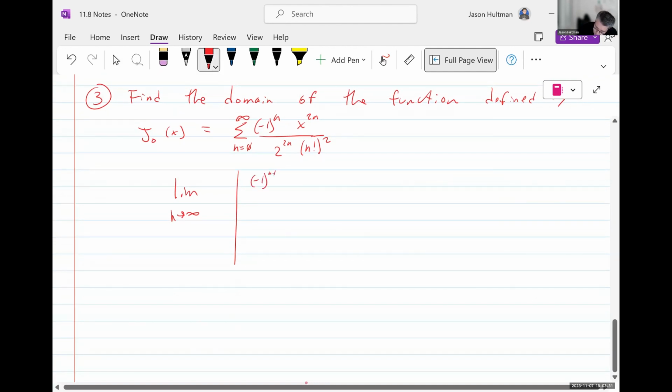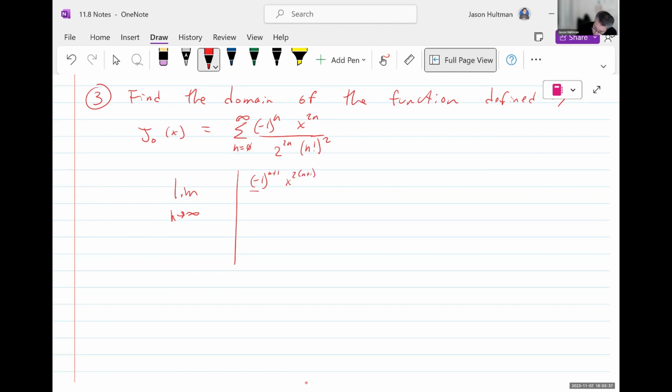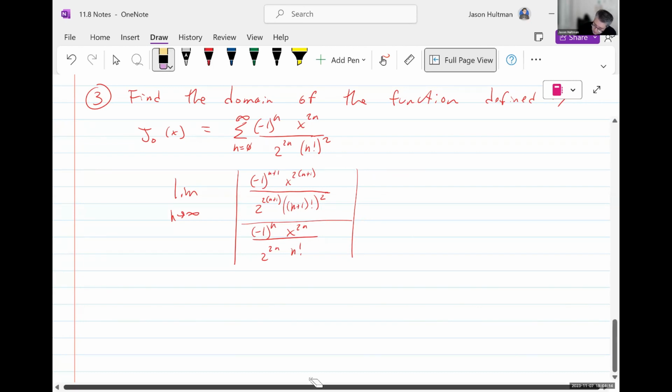Okay, (-1) to the n plus 1, x to the 2 times n plus 1, all over 2 to the 2 times n plus 1, and this is n plus 1 factorial squared, all over the original, which is (-1) to the n, x to the 2n, all over 2 to the 2n, n factorial squared. And that has to be less than 1.